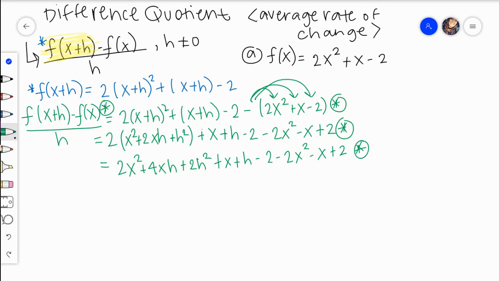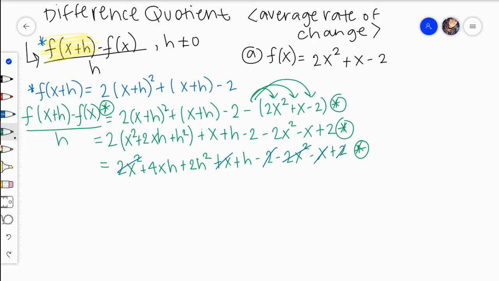And then, let me see, I noticed that I do have some like terms. And what I have here is this 2x squared and that negative 2x squared could cancel. And then I have this positive x and that negative x that would cancel. Negative 2, positive 2.